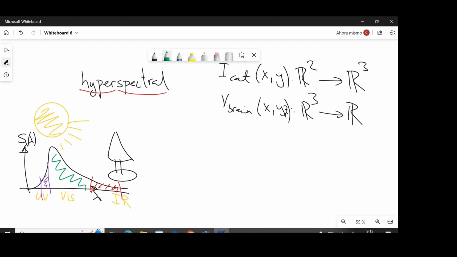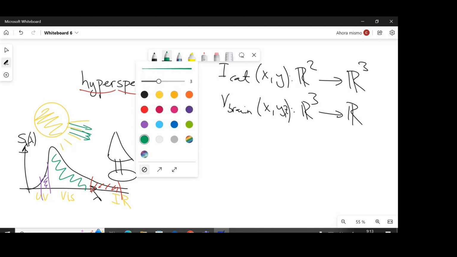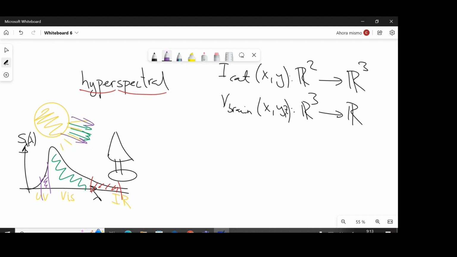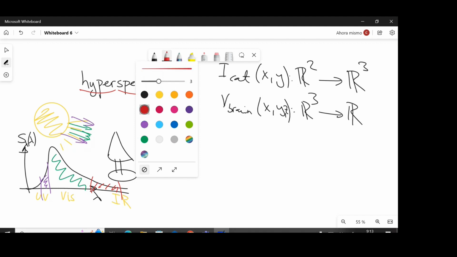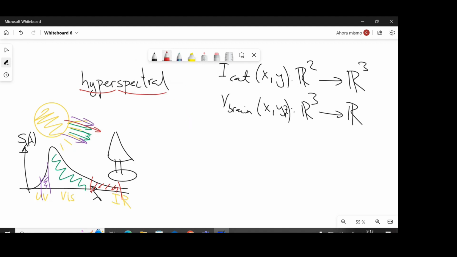So we have the whole spectrum. So that means that we have many photons coming from the sun at this wavelength, but we also have photons coming from the sun in the ultraviolet, and we also have photons coming from the sun in the infrared.